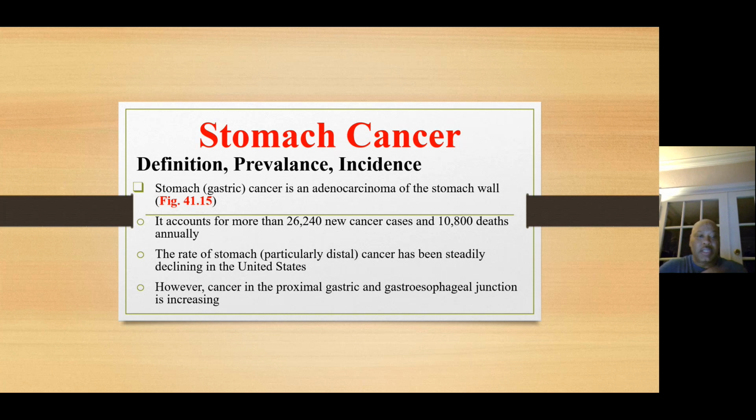Asian Americans, Pacific Islanders, Hispanics, and Blacks have higher rates of stomach cancer than non-Hispanic whites. In the U.S., the incidence is higher in men than in women by a 2-to-1 ratio. Stomach cancer impacts older adults. The average age at diagnosis is 68 years old.